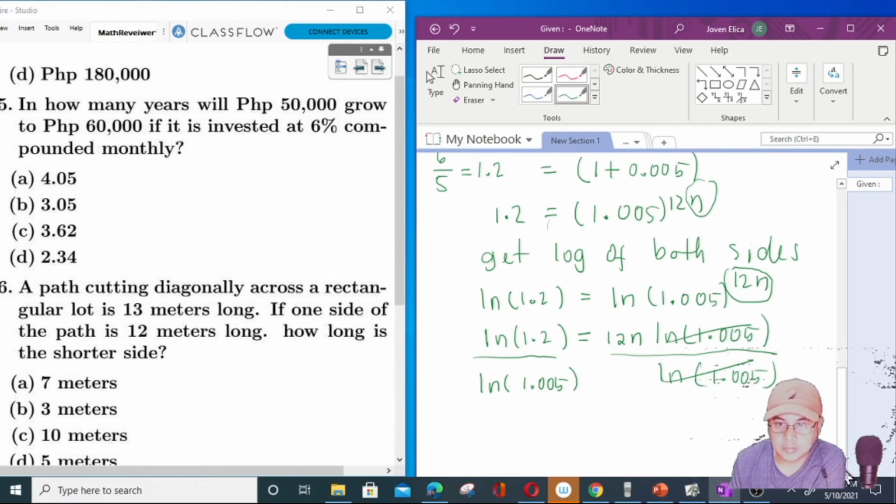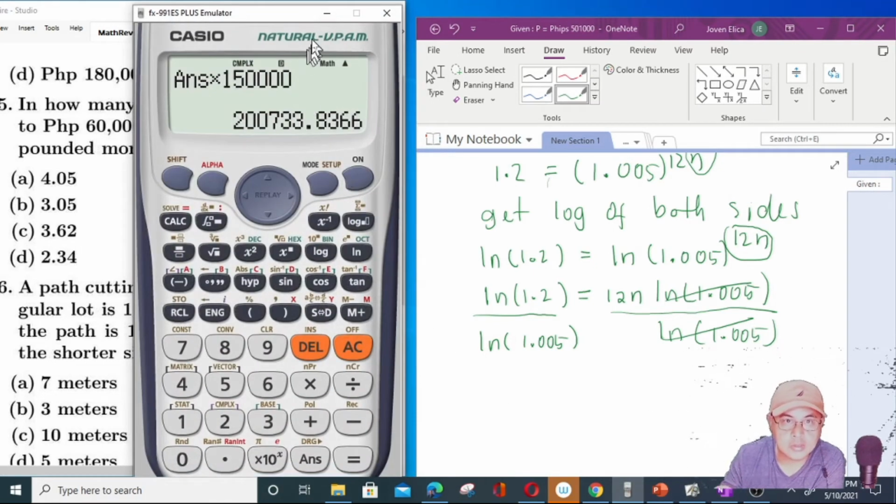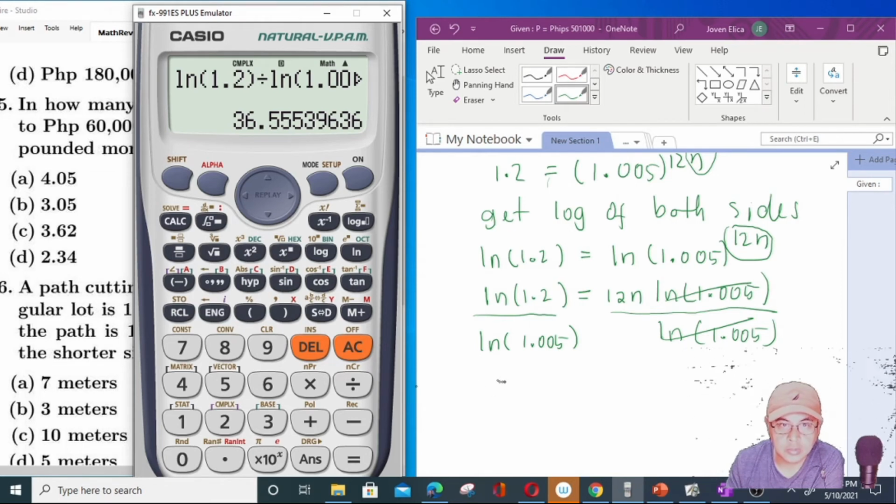The remaining will be natural log of 1.2 divided by natural logarithm of 1.005 is equal to 12n.